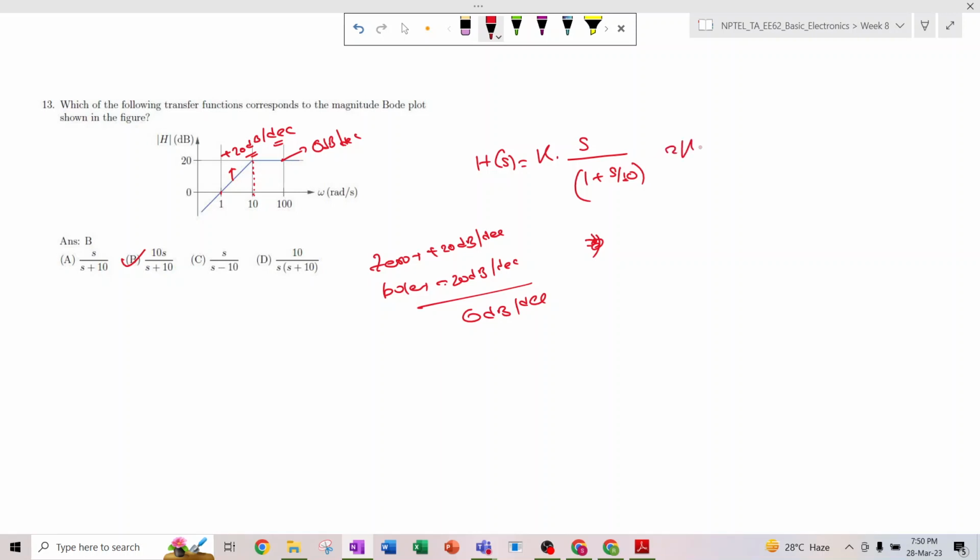So if we solve this, it is divided by s plus 10, and it will be multiplied by s, equal to k into 10s divided by s plus 10. Okay, if we put k equal to 1, it is like this.